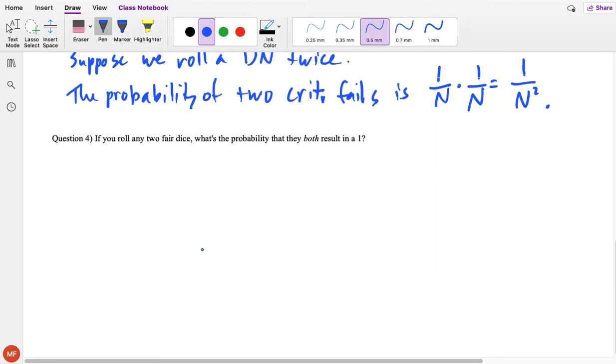We can generalize this one step further and say, what if we roll 2 different dice, or the same, who cares? What's the probability that they both result in a 1? Well, let's suppose that we were to roll a dm, where m is some integer, 1 or bigger. 1 would be kind of silly. That would be like a Mobius strip, which just has one side. And another die, a dn, where n could equal m, but again, it's just a positive integer.